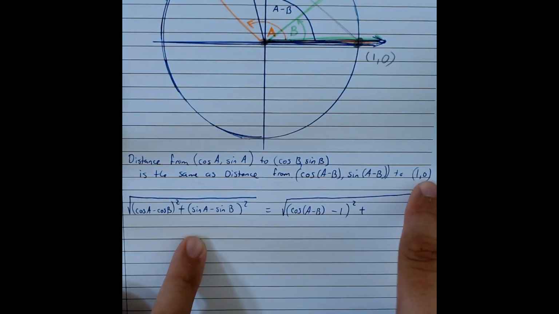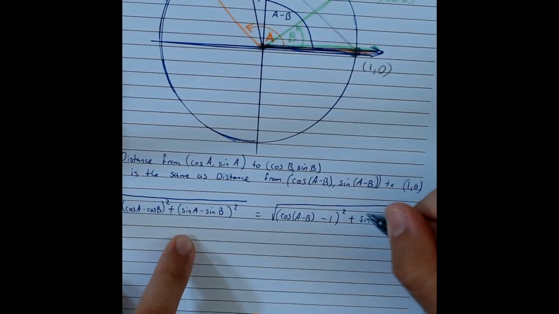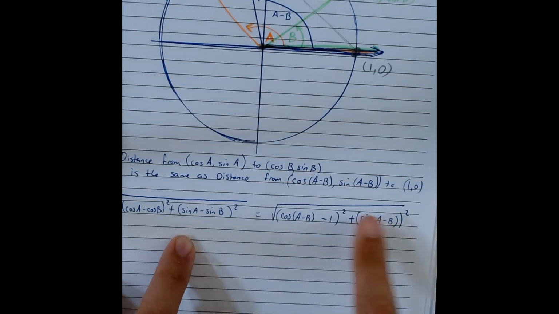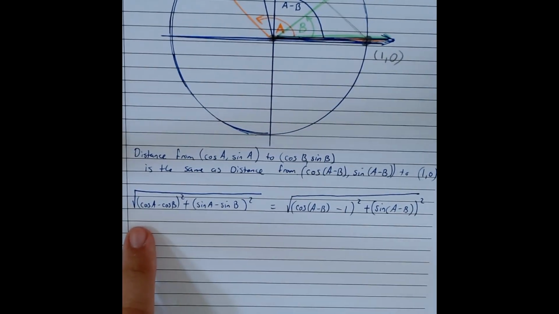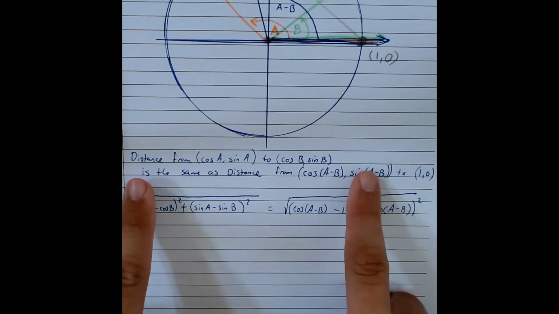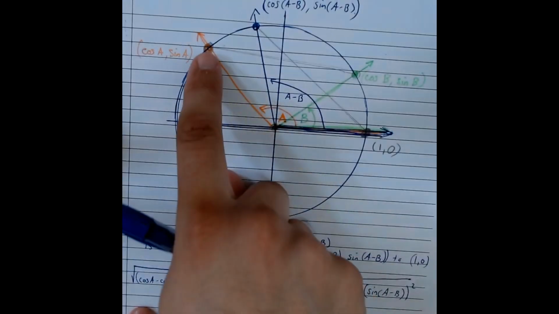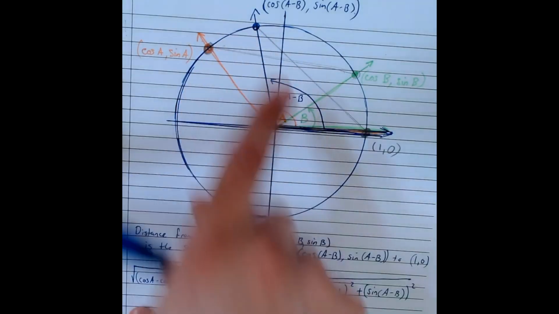Okay, well, subtracting 0 doesn't do anything, so I really don't have to write it. I can just write sine of A minus sine of B squared. If you want to write sine of A minus B minus 0, that's okay, but subtracting 0 won't actually do anything, so no big deal. So here, this equation says the same thing as this picture says. The distance between here and here is the same as the distance between here and here.